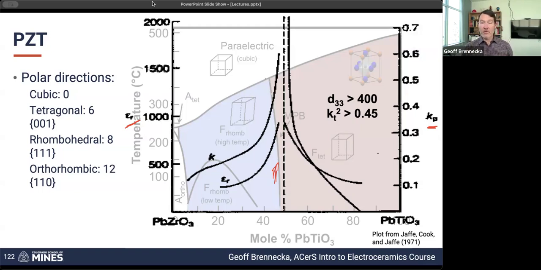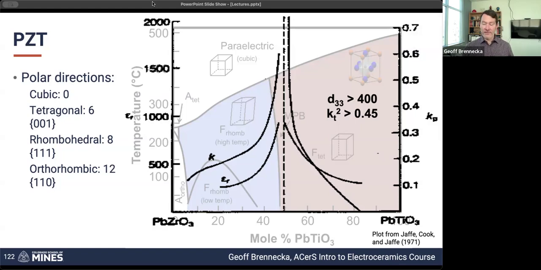Relative permittivity, coupling coefficient, piezoelectric response, doesn't really matter what it is. The response is enhanced at that phase boundary because the hand wavy answer is that the material is frustrated and therefore it's going to be more responsive to whatever your external stimulus is.